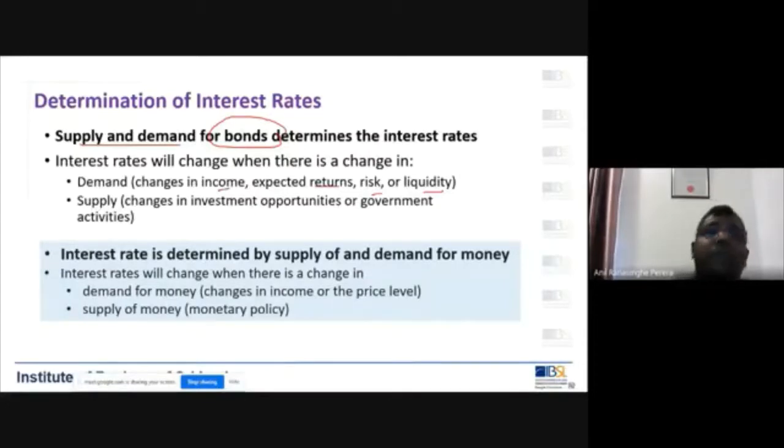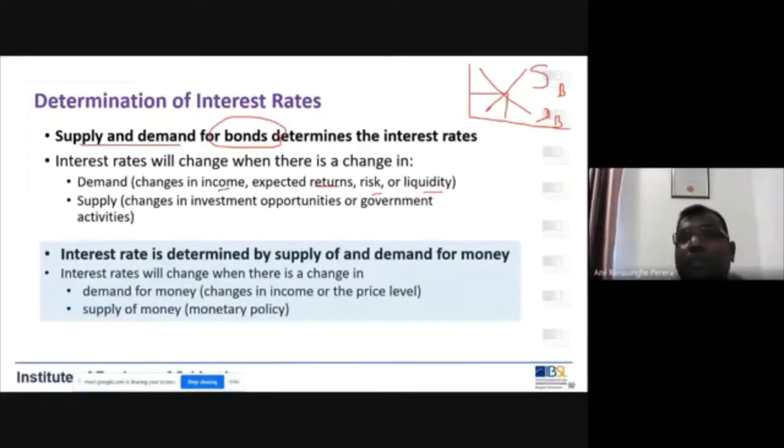So how is the interest rate determined? Demand for bonds and supply of bonds will simply determine the interest rate i. Okay. So that is one way of looking at the interest rate determination.